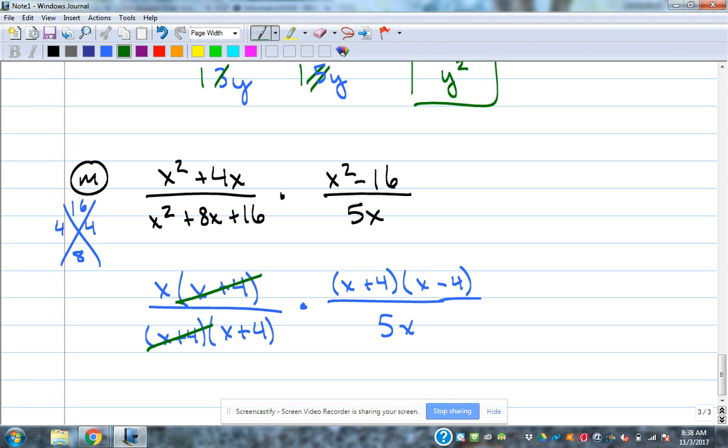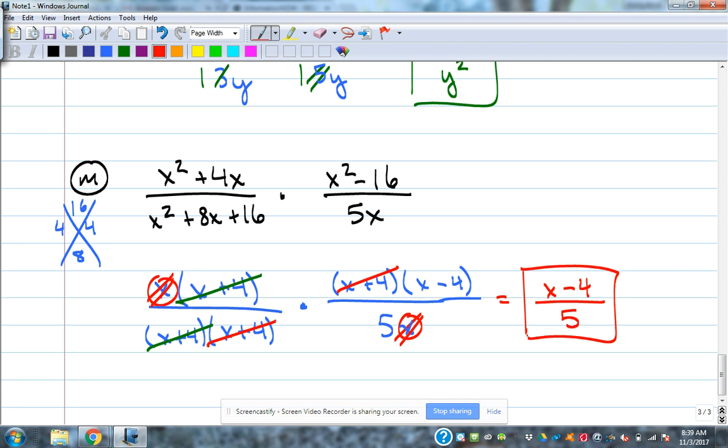I can go ahead and do my diagonal stuff. What's going to cancel diagonally? X plus 4 cancels this x plus 4. This x cancels that x. What's left? That's it.